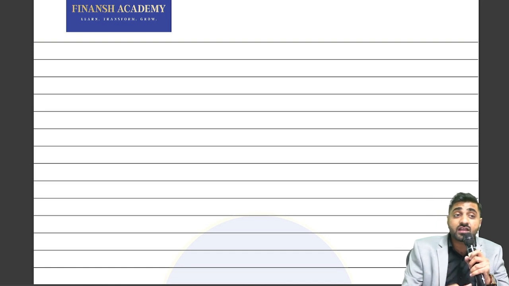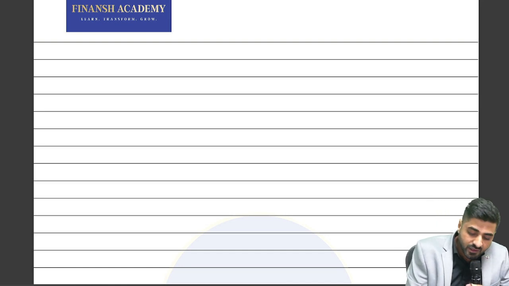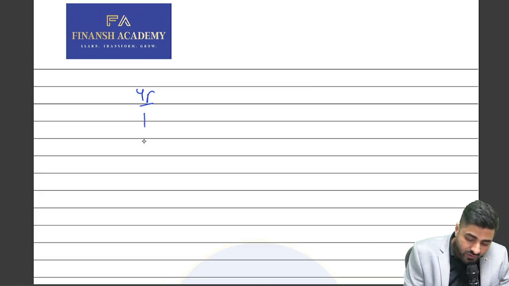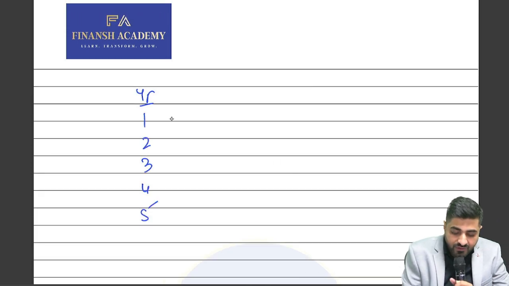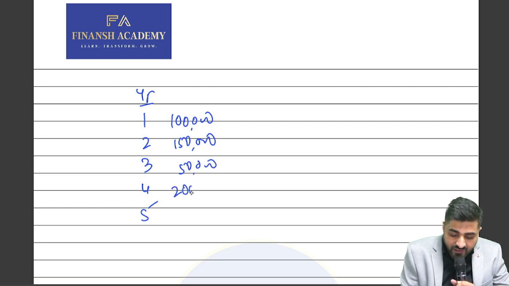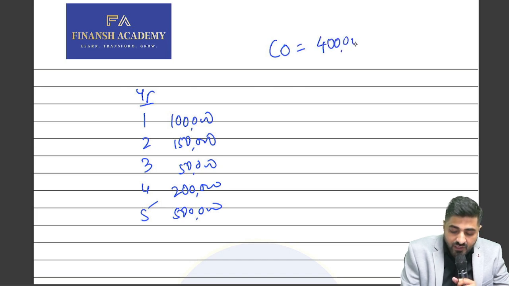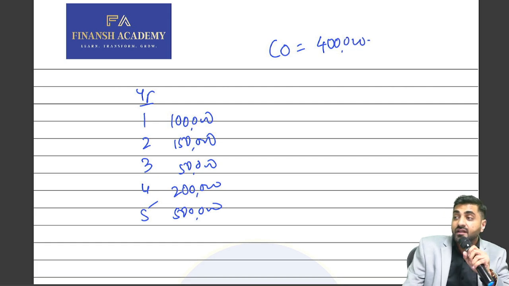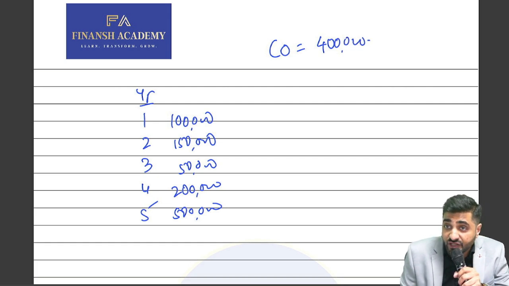When the cash inflows are not constant, then suppose there is year 1, 2, 3, 4, 5 and the cash inflows are 1 lakh, 1 lakh 50, 50,000, 2 lakh and 5 lakhs. And my cash outflow is, let's say for example, 4 lakh rupees. Then let us check at the end of which year it is getting recovered.